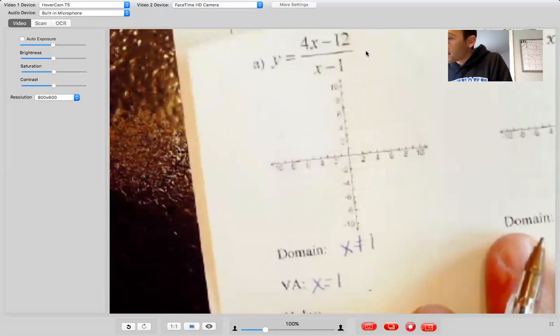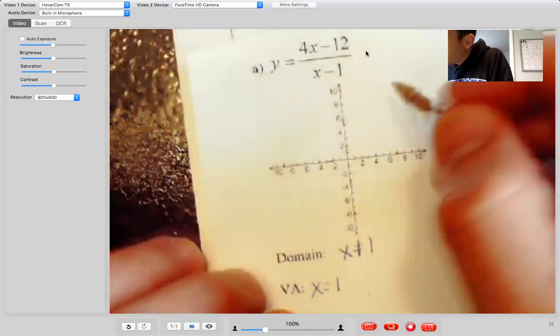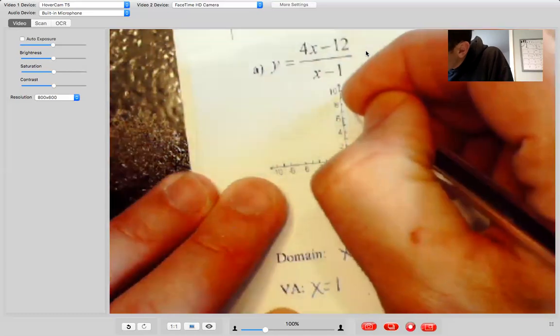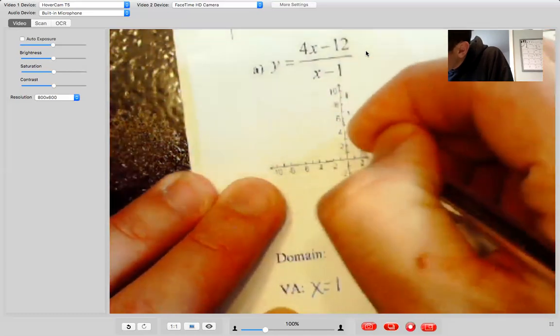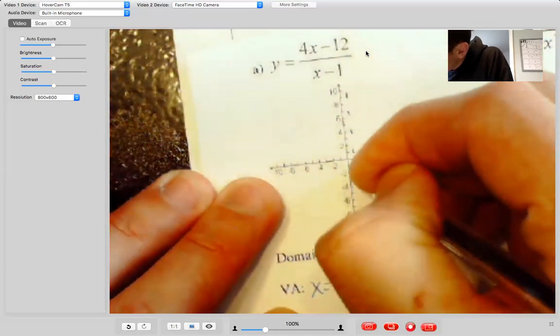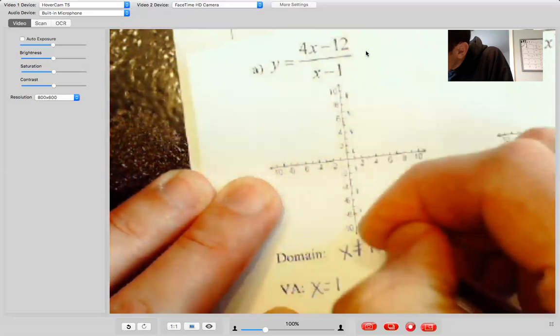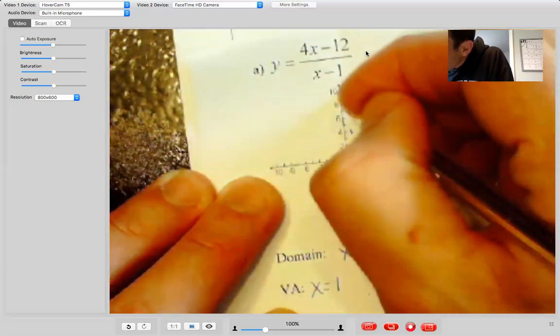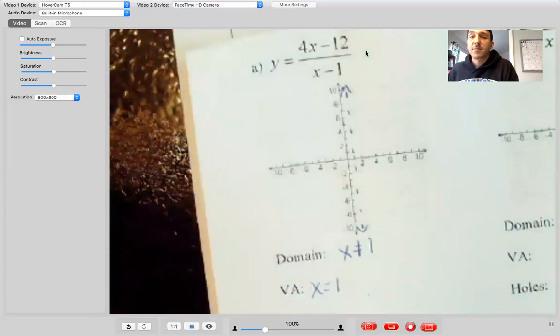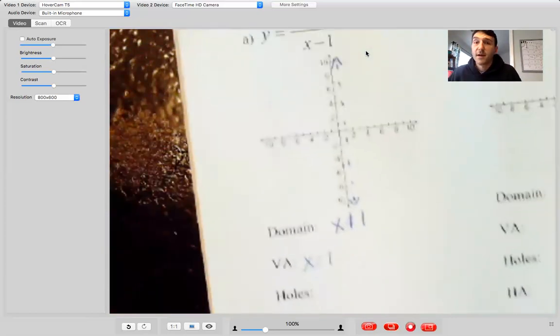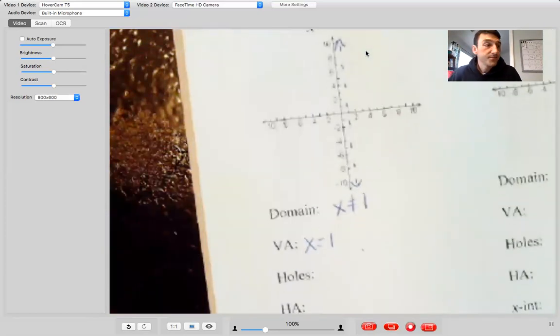So as part of my graph, I'm going to go ahead and write that as a dotted line on my graph, x equals 1. So remember what an asymptote is. That's a line that my graph is going to forever get closer to, but never touch or never cross.